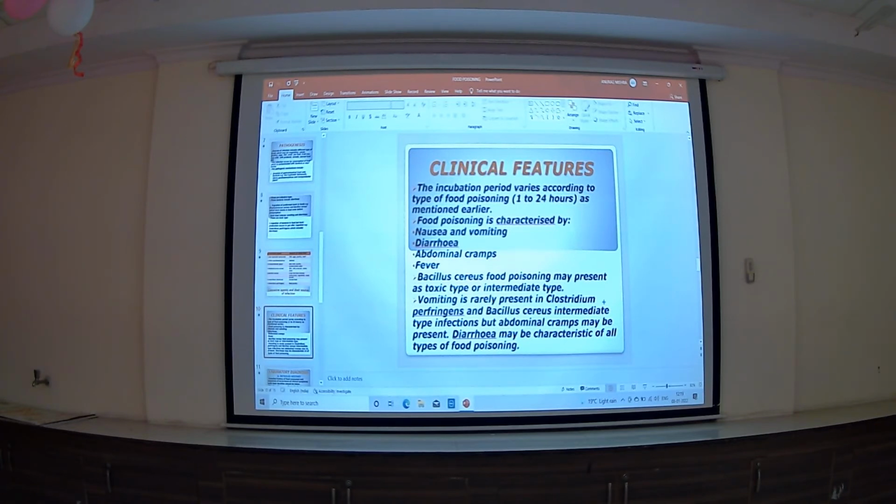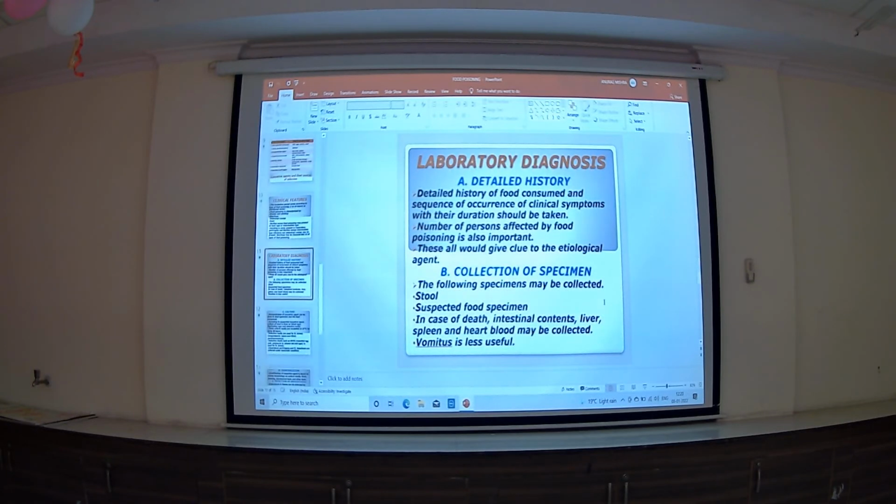Vomiting is rarely seen in Clostridium and Bacillus infection, but abdominal cramps may be present, and diarrhea may be a characteristic of all food poisoning.